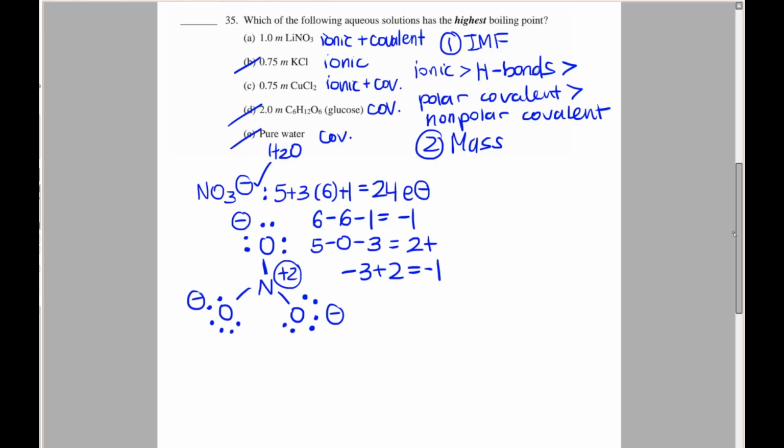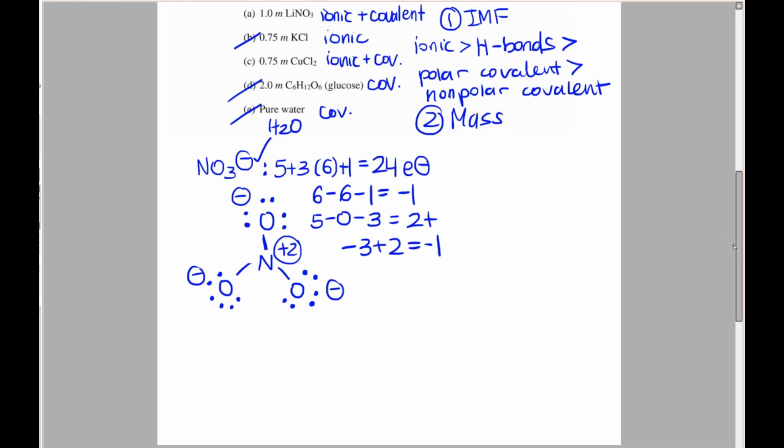However, there is a more stable way we can draw this Lewis structure. Because keep in mind that the most stable Lewis structure, or the preferred Lewis structure, is going to first have the lowest amount of formal charges possible, and secondly, they want the most electronegative atom to bear the negative charge. So in this case, oxygen is more electronegative than nitrogen, and it has a negative charge, so there's nothing we need to do about that.